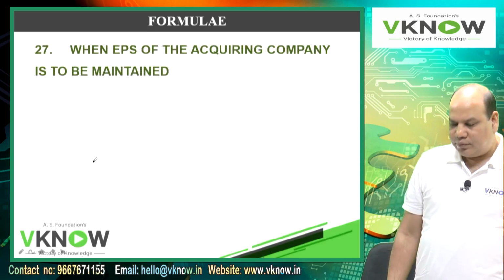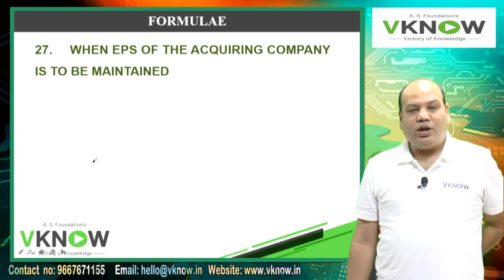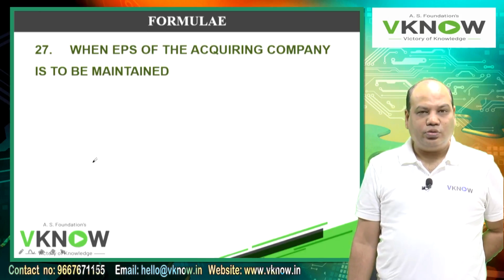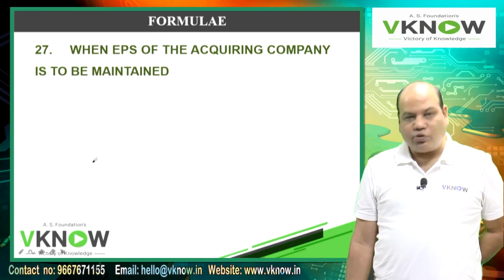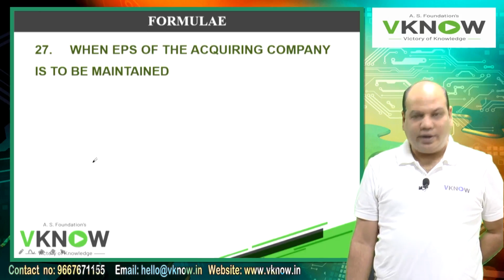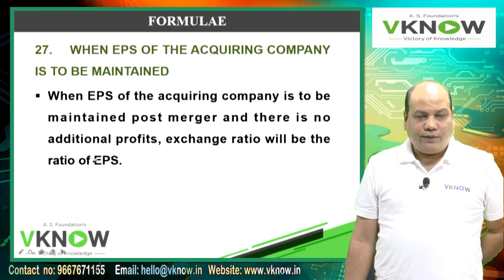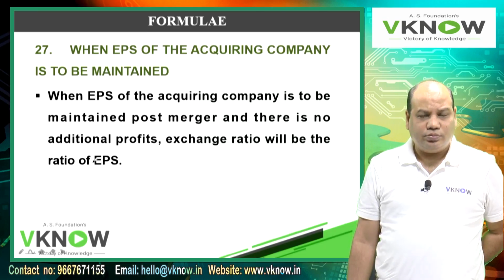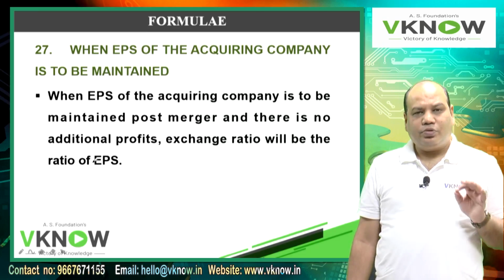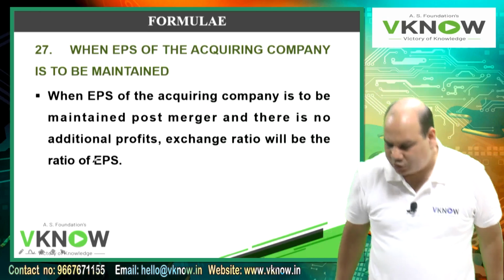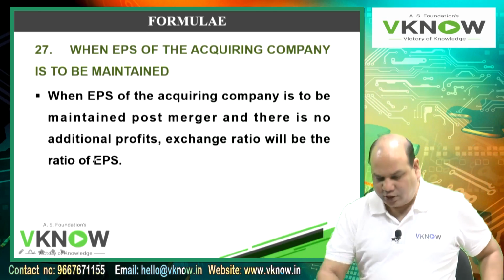Two more formulae. Sometime they will ask you a question, what should be share exchange ratio if the EPS of the acquiring company is to be maintained? So in that case, if the question does not have synergy value, then the formula will be EPS of target company upon EPS of acquiring company.